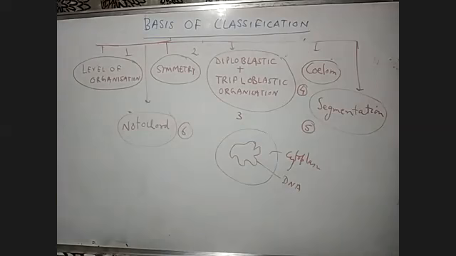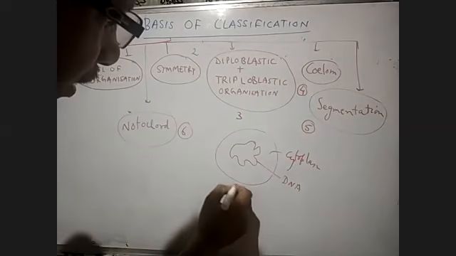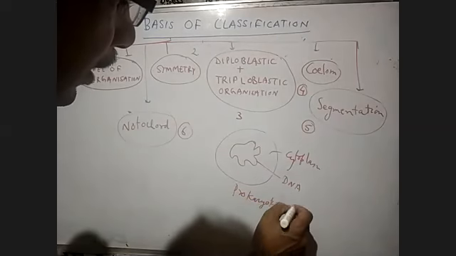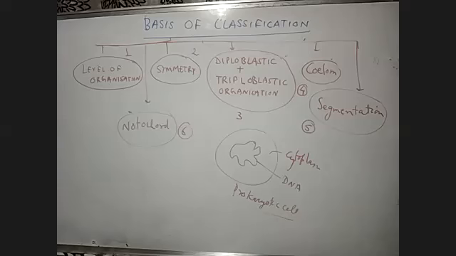This kind of cell is called a prokaryotic cell. These are found in bacteria. So a prokaryotic cell is the cell of a bacterium or a virus. They don't have any kind of cell organelles.